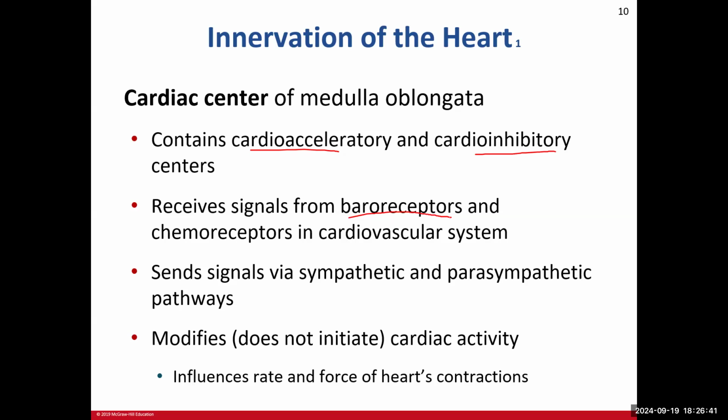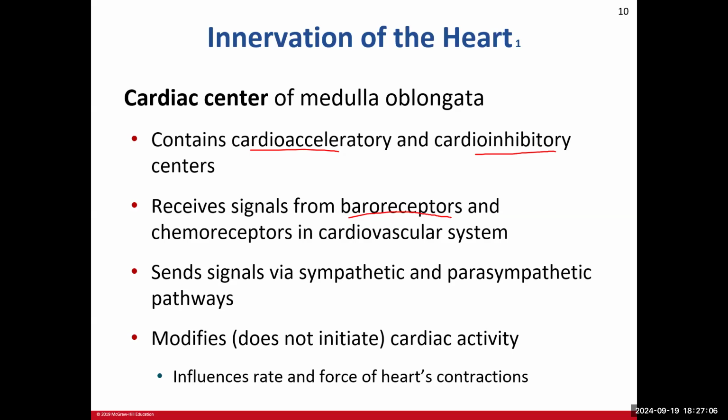So what we'll see is when you get a stretch on the walls of the heart, okay, that is going to trigger your cardiac center, right, to pump blood out, right? So we can see an increase in heart rate. We'll talk about these reflexes later on, depending on what's going on. So if you get a change in the blood volume, which can change the blood pressure, that's going to be effectuated by the cardiac center. I don't want to get ahead of myself because I don't want to throw too much at you.